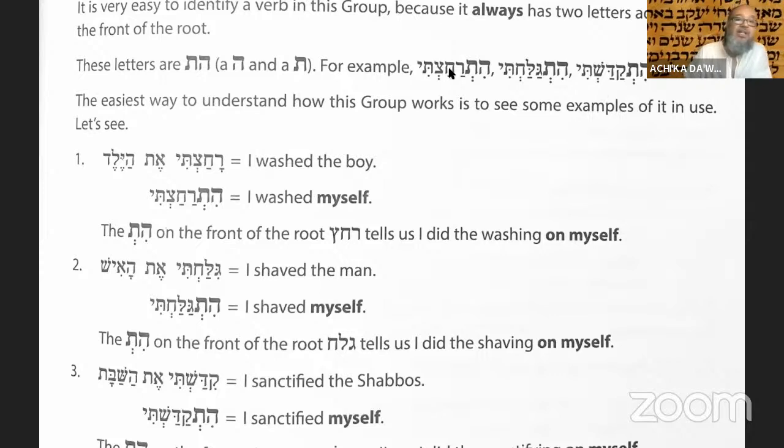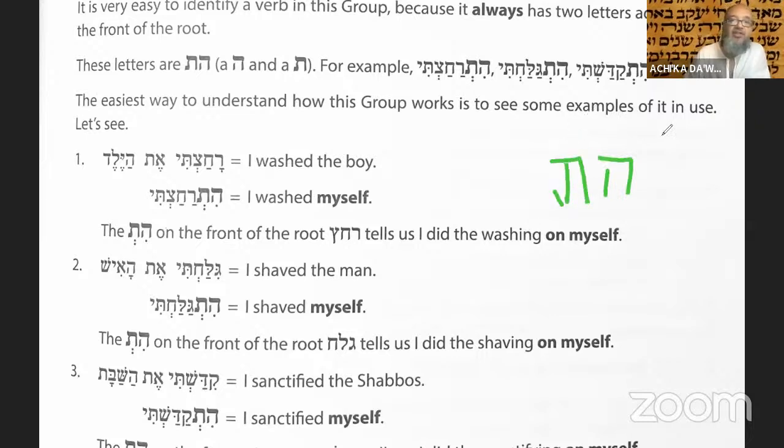Okay, if I want to say it a different way, I wash myself, all I'm going to do now is add these 2 letters to the front of my root. So it's not here, it's right here. Okay, so look at that. You see that? All they did was put a hey and a tav. That's all they did.